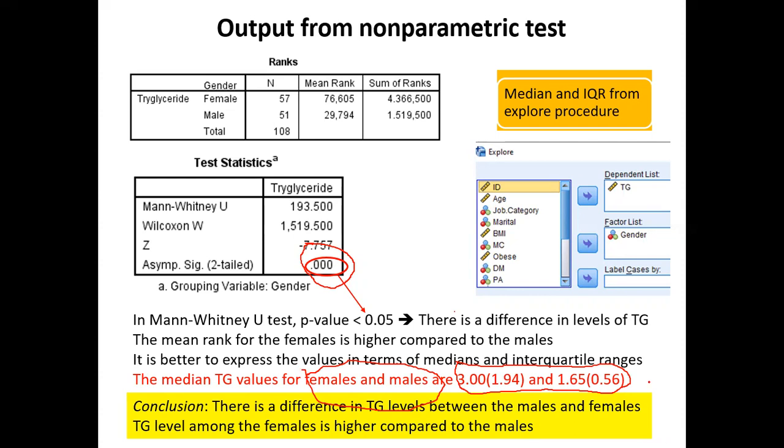Okay, what's the value? The median for diabetic is 2.71 and the interquartile range is 2.24. Okay. And for non-diabetic the median is 1.98, interquartile range is 1.22. So what's the conclusion?